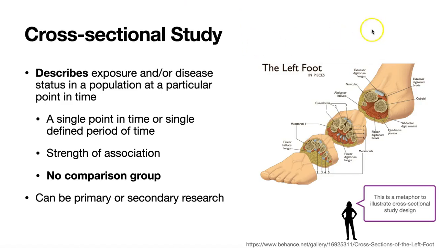Remember, this is our cross-section of the foot, which if we imagine this to be time, we're just taking a slice of time and seeing if there are two or more things that are occurring simultaneously or close to each other in time. We're seeing if there is an association, and then we can measure the strength of that association. There is no comparison group, and this can be primary or secondary research.